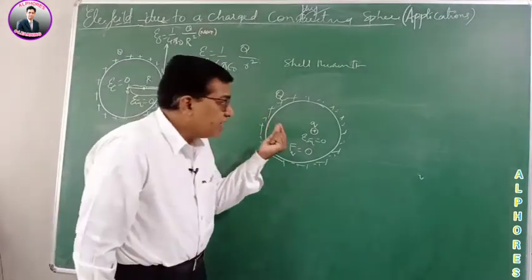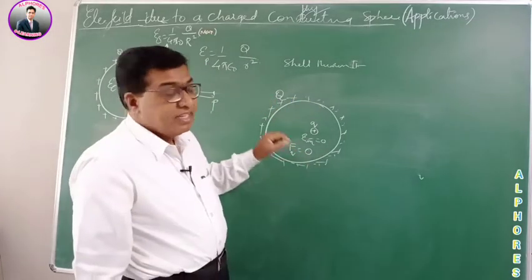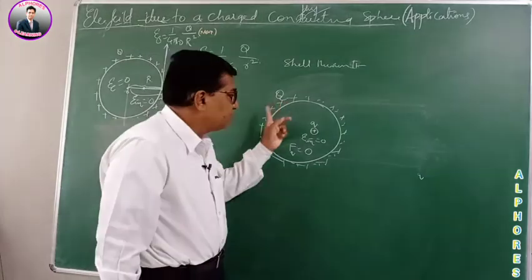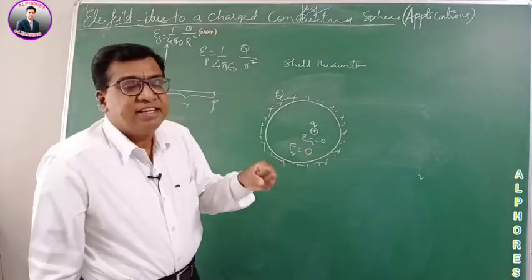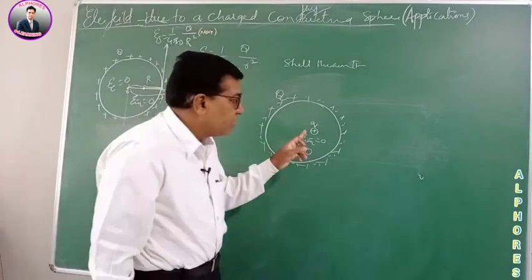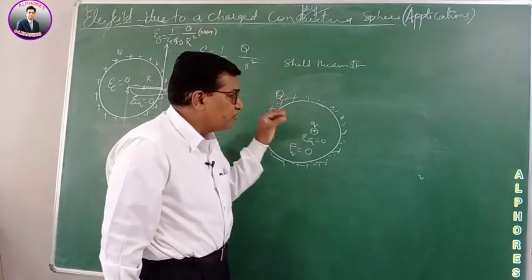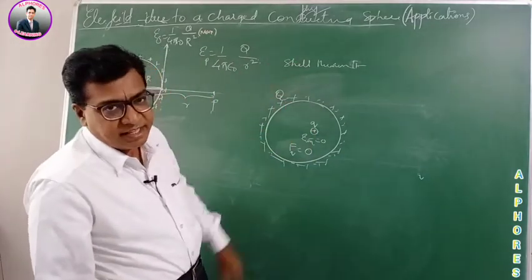If a point charge exists inside a conducting sphere, then the charged sphere shows no interaction. It exerts no force on the point charge which is inside the sphere. Now this is the second shell theorem, right?